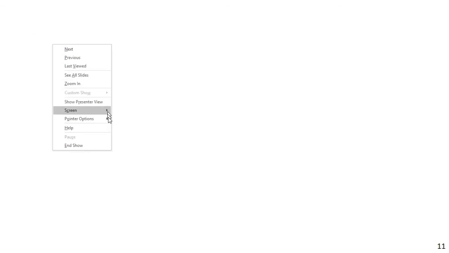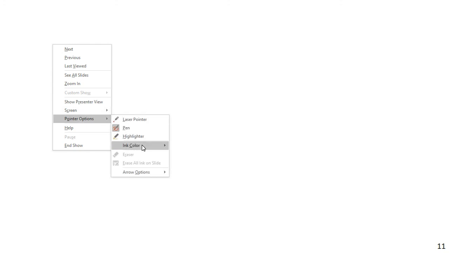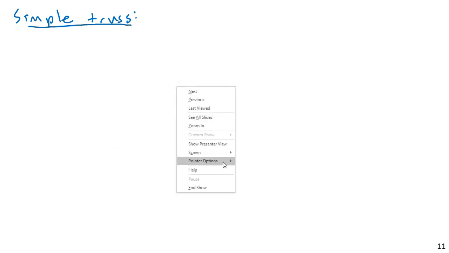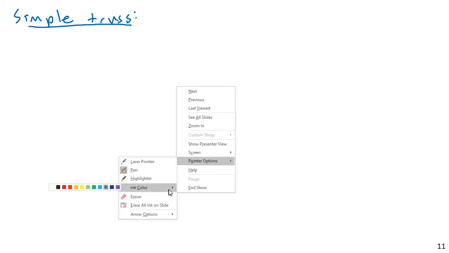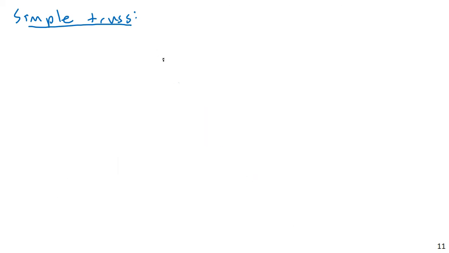So simple trusses, this is a certain type of truss, or certain families of trusses. What is a simple truss? Well, fundamentally a simple truss is an idealized model, like all trusses are, but a simple truss is a truss that can be made by the following algorithm.